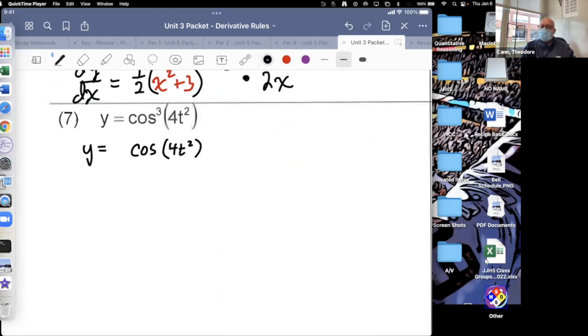Later on, we've actually already done it with the variable t, parametric equations. We could have that as a third variable, but for now, it's taken on the role of x. This whole thing is raised to the 3rd power. So what we have here is a function within a function within a function, so we have to break it apart extra.